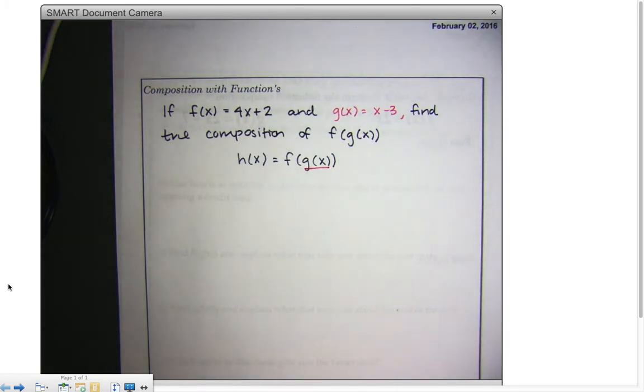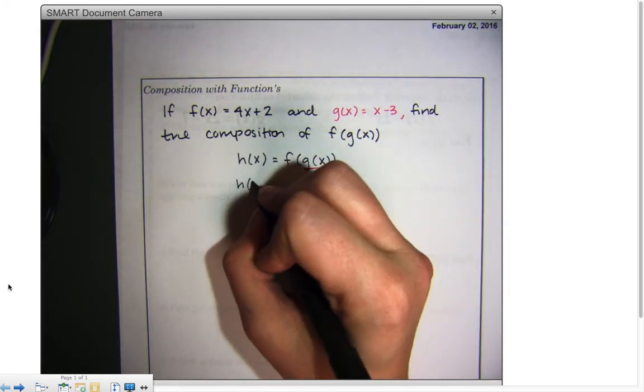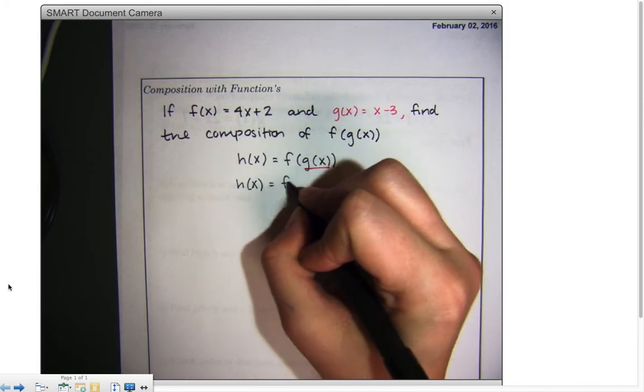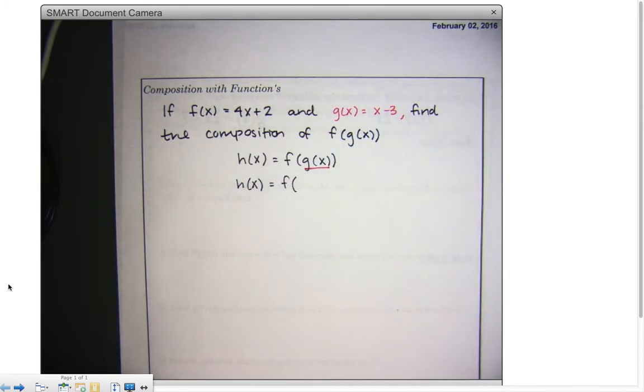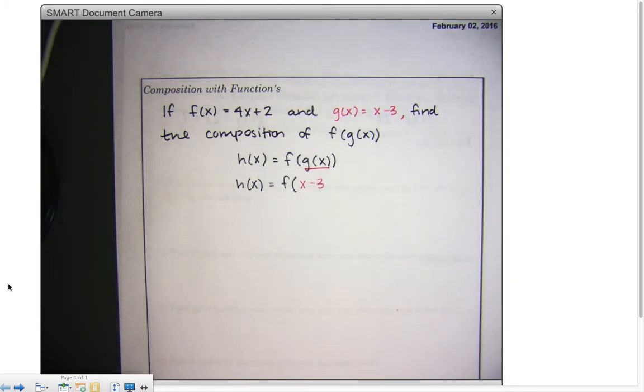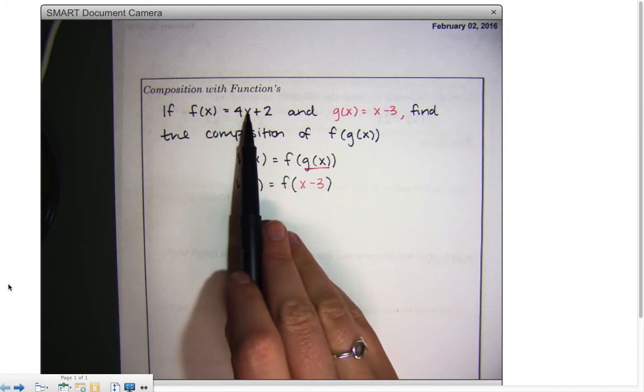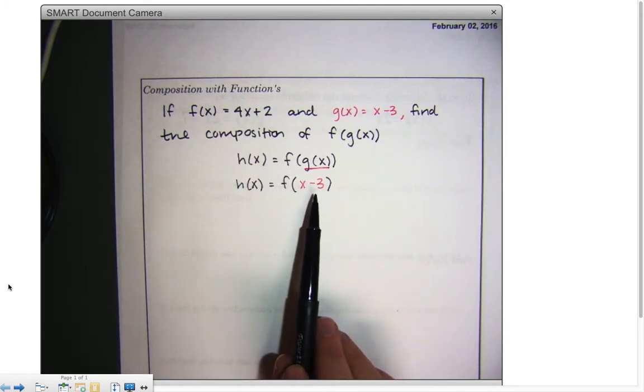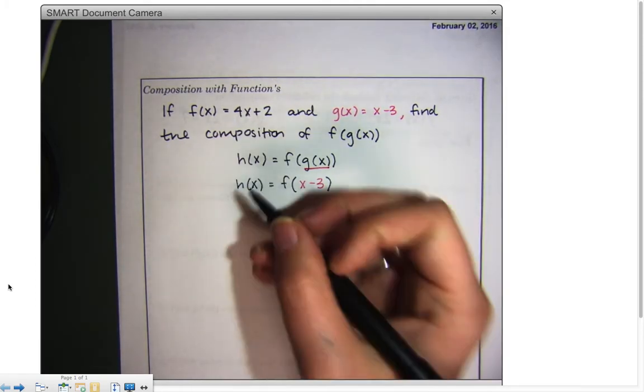So I could rewrite this as f of g of x is x minus 3. So that means everywhere in f of x, I'm going to replace x with this entire function, x minus 3.